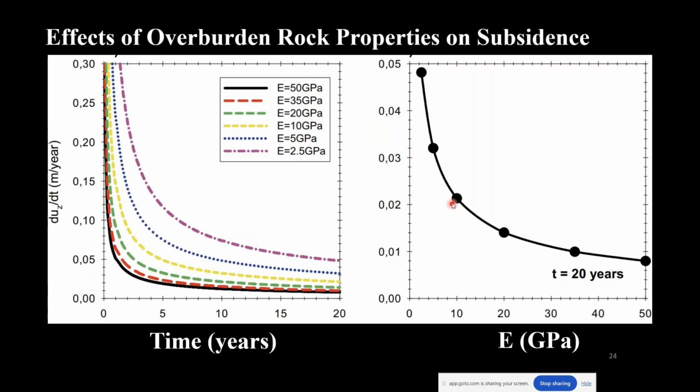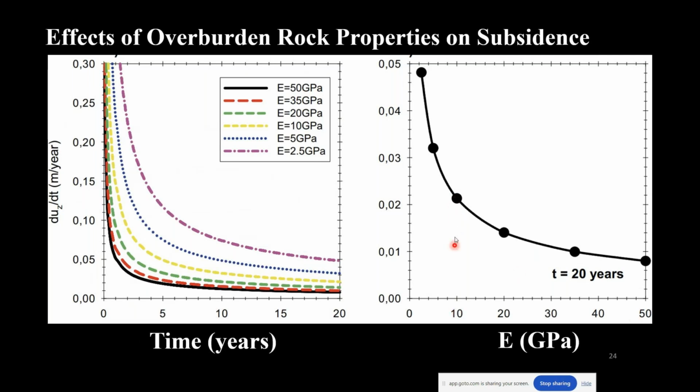This is a similar plot, but now I'm just plotting the subsidence rate with time and with the Young's modulus, and we see the same thing, right? So the rate here for 2.5 gigapascal after 20 years is about 5 centimeters per year, and after 10 years it's about 0.21.